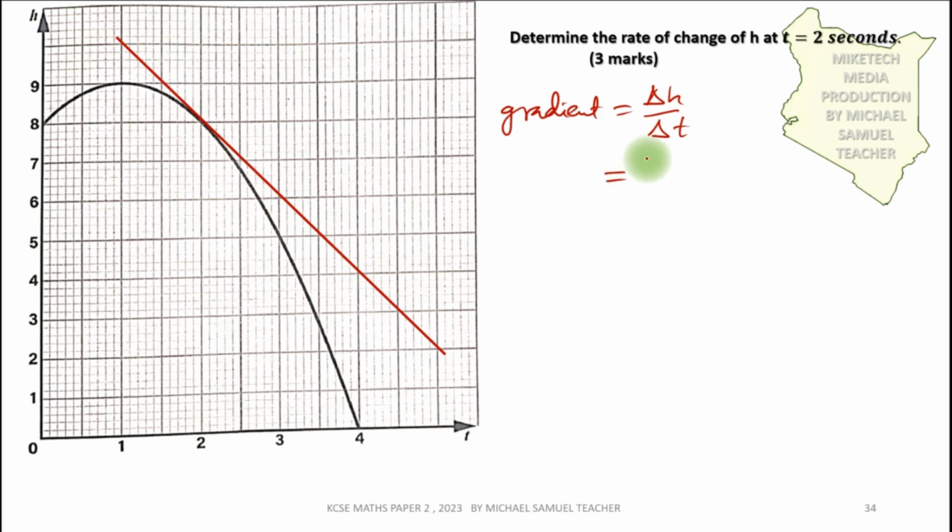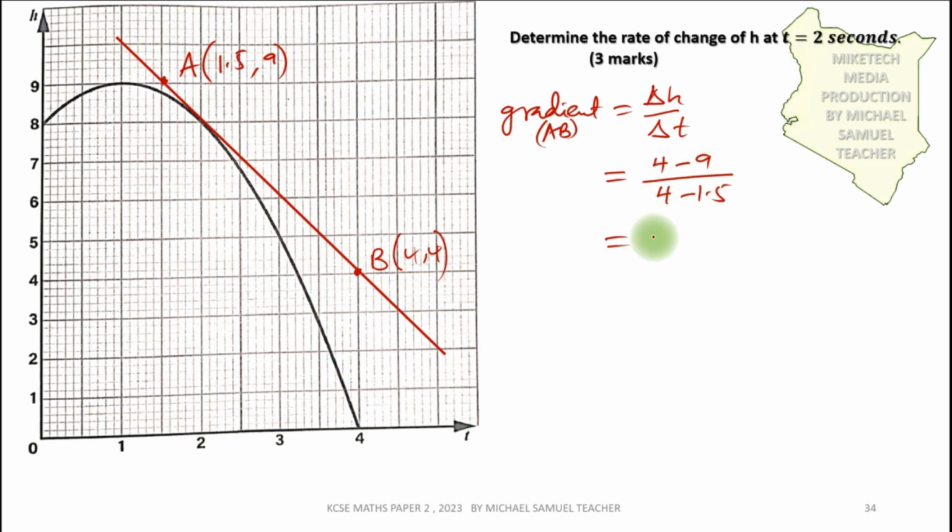Therefore, for the change in h, we need this point, let me call this point A, which is (1.5, 9), and then I have another point B, which is (4, 4). Therefore I need to get the gradient of line AB. Change in y will be 4 minus 9 all over 4 minus 1.5.